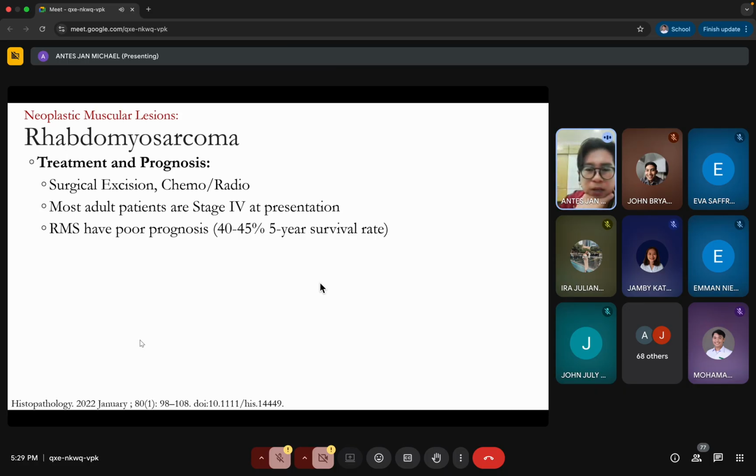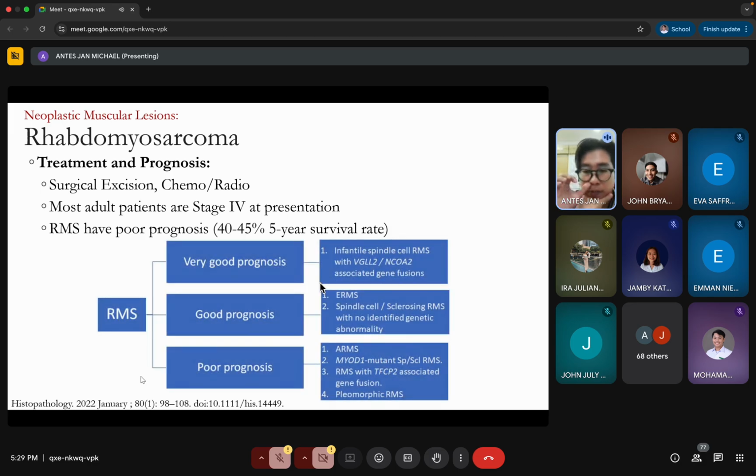When you're looking at the specific subtypes, the embryonal rhabdomyosarcoma, the ERMS, has a very good prognosis, even if the age predilection is seen mostly in young patients. Poor prognosis is seen in adult RMS, and also the alveolar rhabdomyosarcoma and the pleomorphic one.